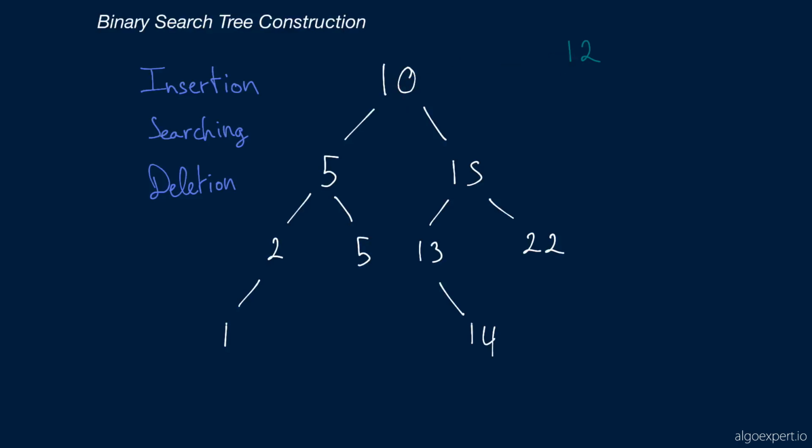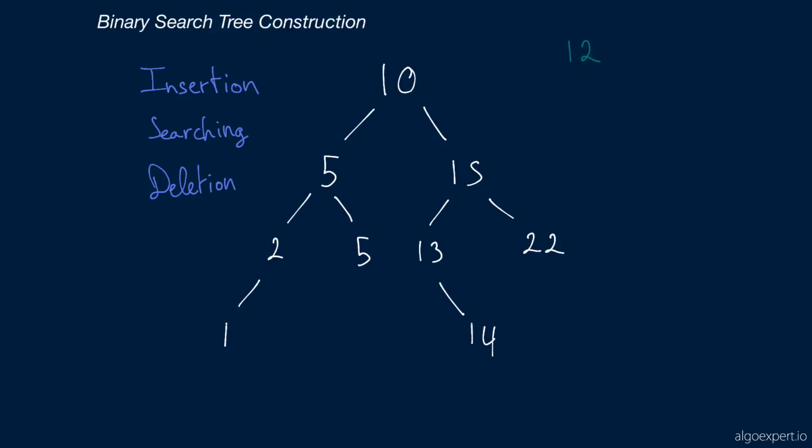So what that tells us is that we want to insert 12 to the right of 10, because if you recall the definition of the BST property, every value that is greater than or equal to another value has to come to its right. So 12 has to be located to the right of 10.